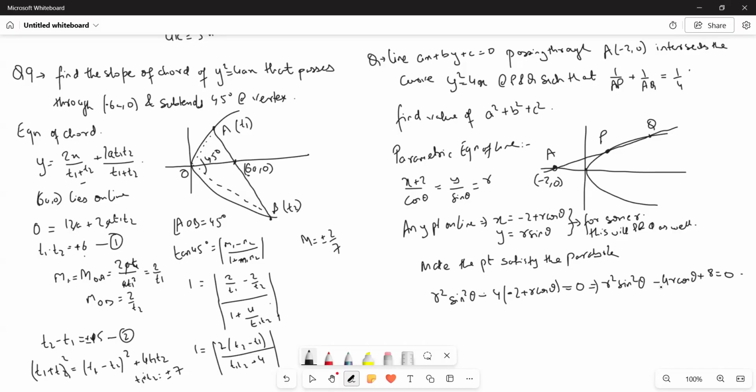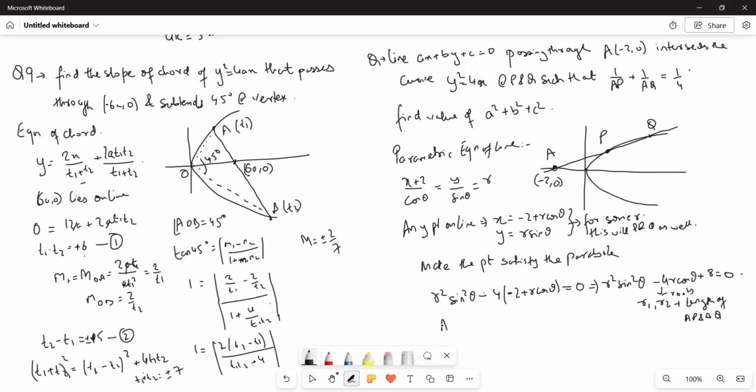Now, what would be the two roots of this? It's a quadratic in r, so it gives two roots, r1 and r2. They would be the lengths of AP and AQ. One of them would be the length of AP and the other would be the length of AQ.